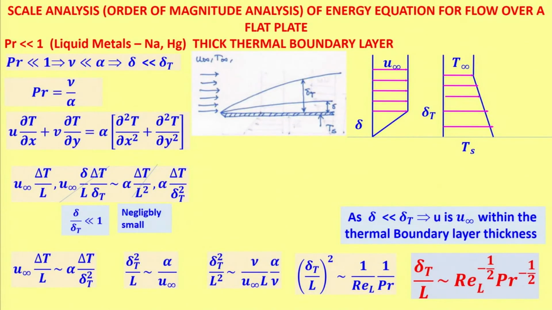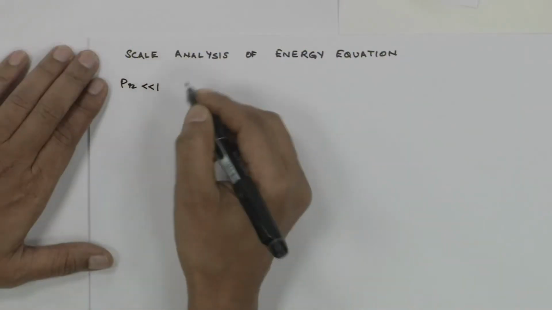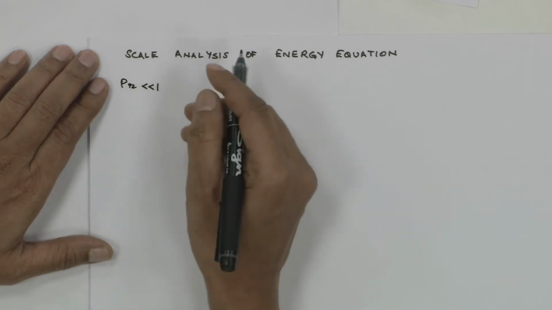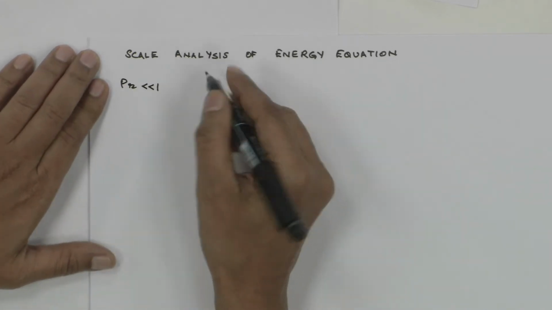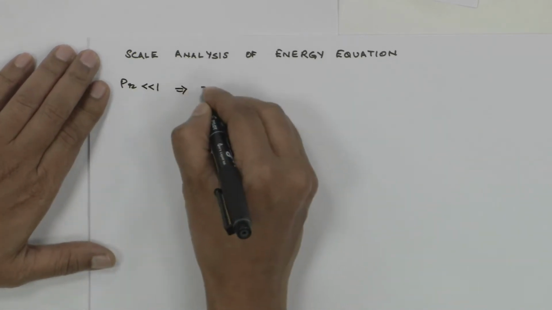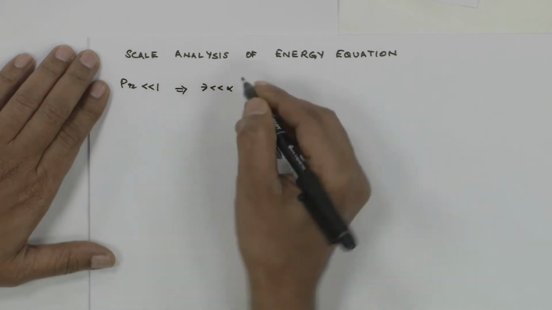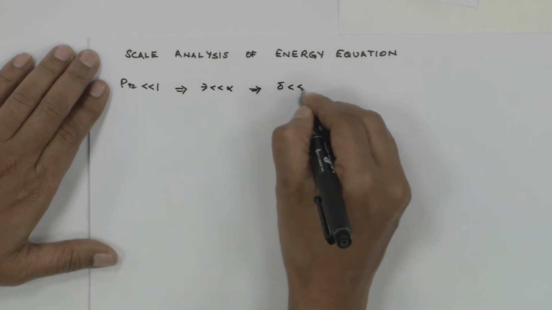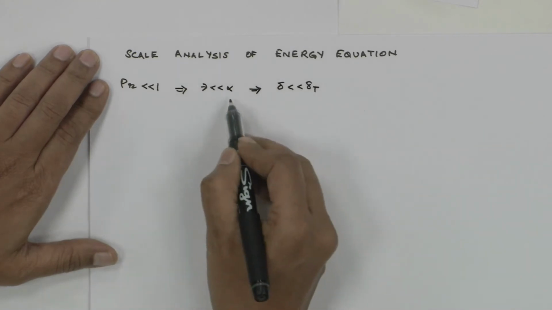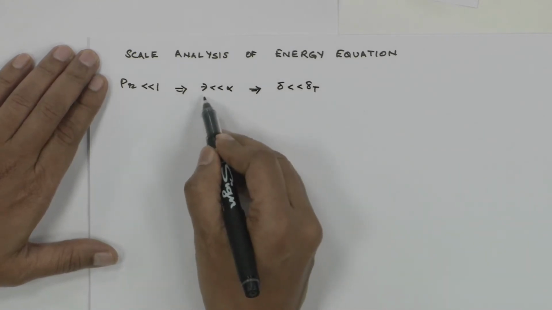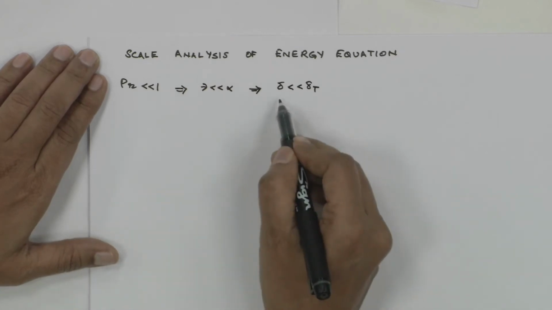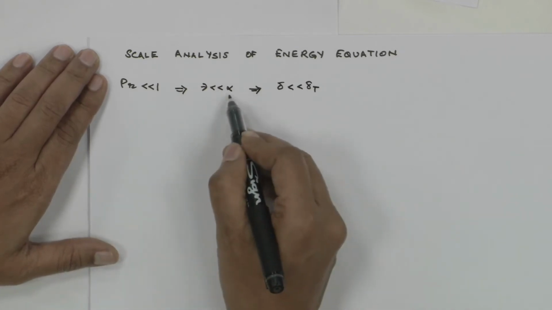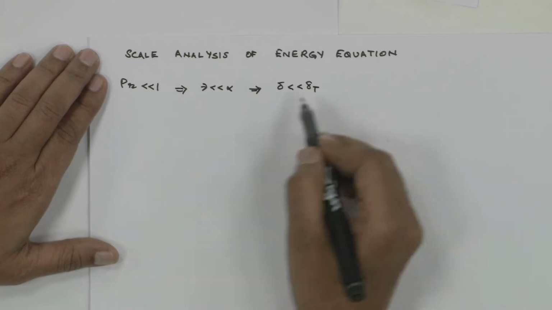So if we get back to the write up, Prandtl number less than 1 is liquid metal, that is sodium or mercury. This implies nu is less than alpha, which implies that delta is less than delta_t. I said nu means momentum diffusion. Momentum diffusion is going to decide delta. Alpha is going to decide delta_t.